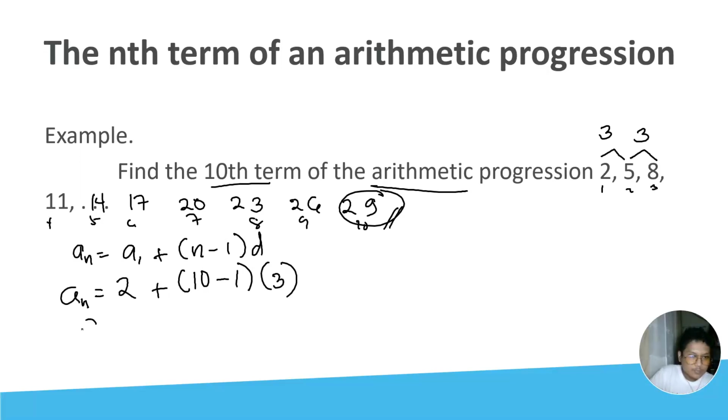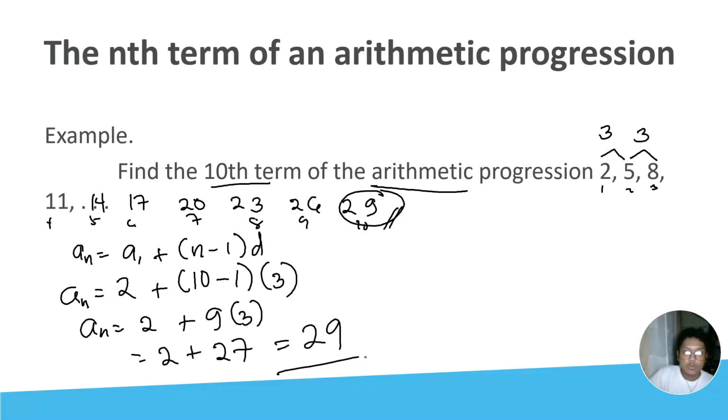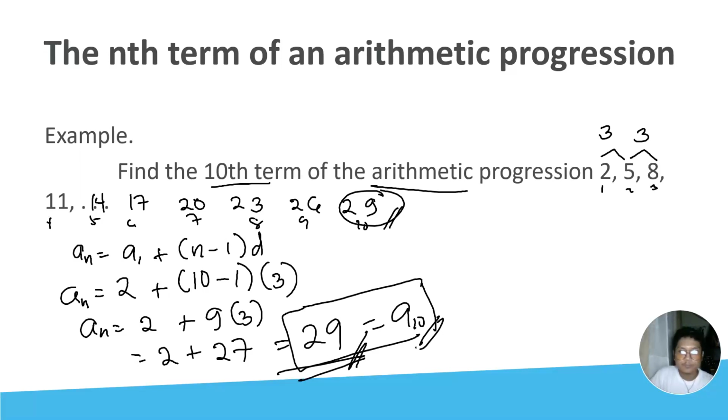So, 2 plus 9 times 3, 2 plus 27 equals to 29. That's the 10th term. Okay? That's the answer.